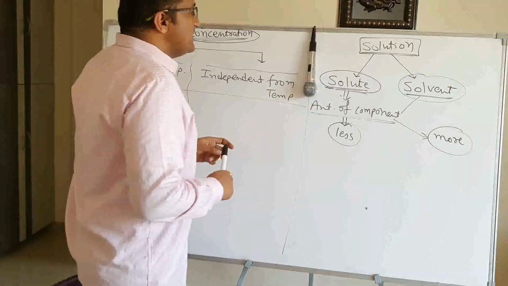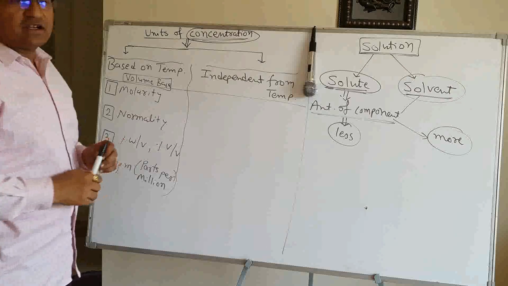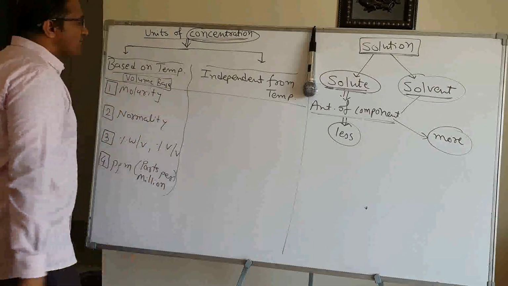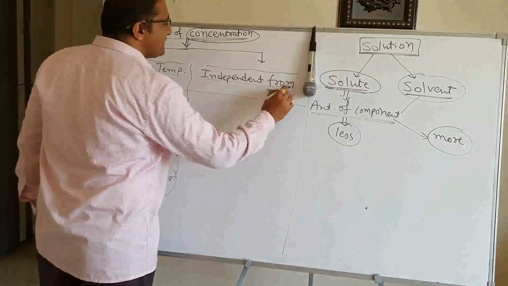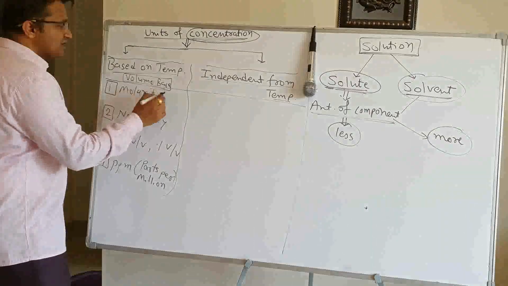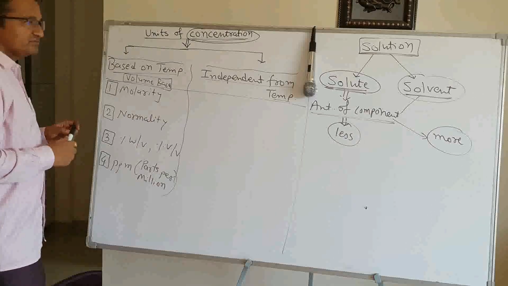Now generally solution has many units for the concentration. First is based on temperature, another is independent from temperature. In based on temperature, generally all the units are based on volume.